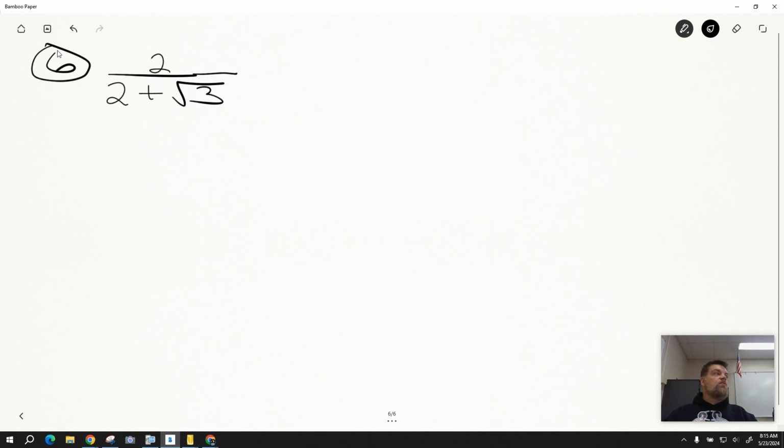We don't like to have square roots in the bottom of a fraction. So to get rid of them, we normally multiply by the square root, but because this is a binomial, in other words there are two terms, I have to multiply by what we call the conjugate.